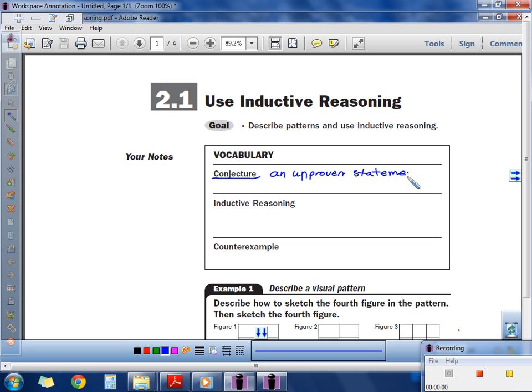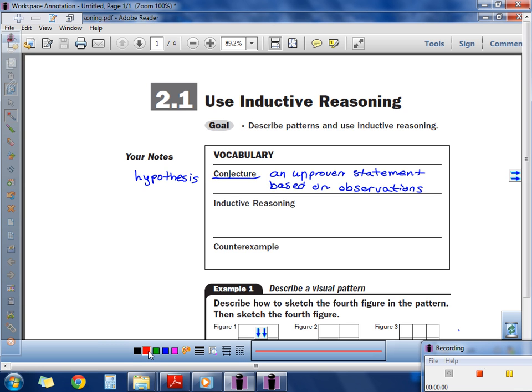So it's an unproven statement based on observations. A hypothesis is a good way to think of it. Kind of making a guess at what's going on. It's more of an educated guess, so please be aware of that.